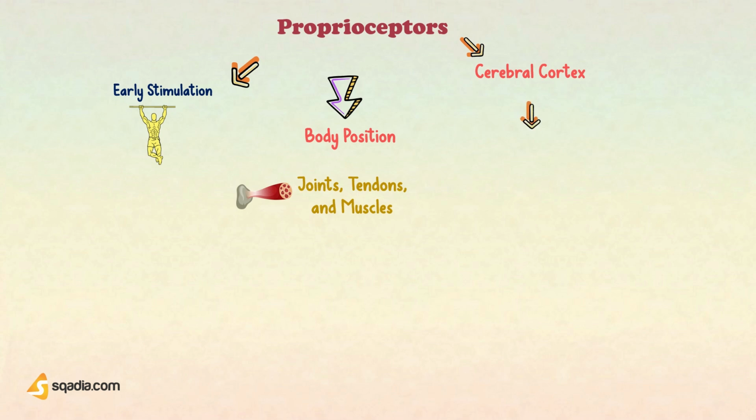Once stimulated, proprioceptors send impulses to brain, particularly cerebral cortex, through somatic afferent nerves. Now, cerebral cortex in turn causes hyperventilation by sending impulses to medullary respiratory centers. So, that was about proprioceptors.